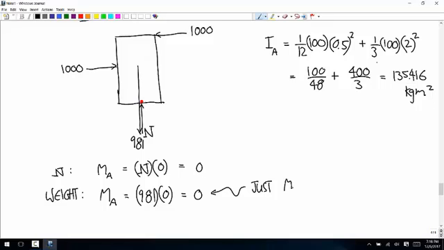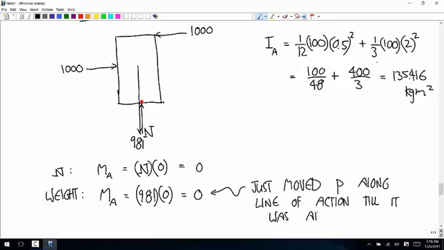We just moved P along its line of action till it was at A. You can't do that with every force, but whenever you can, that force doesn't produce a moment.